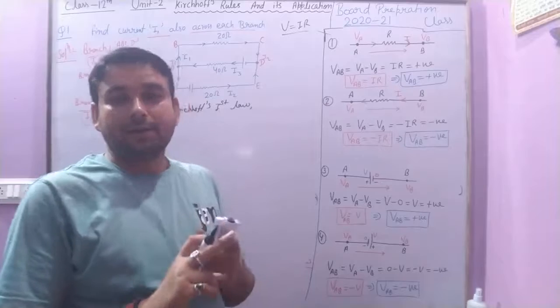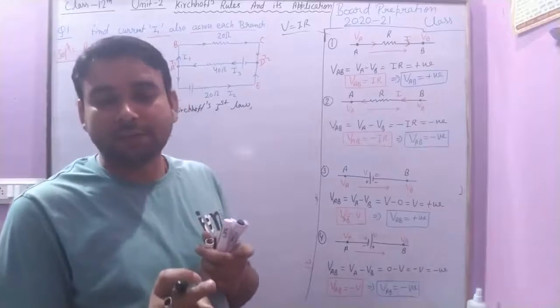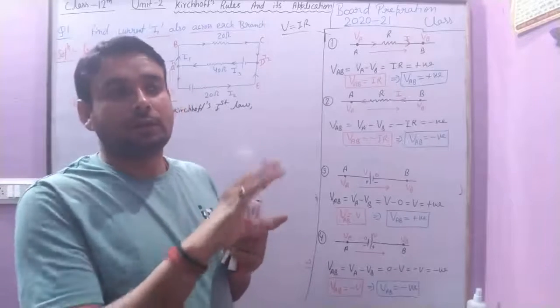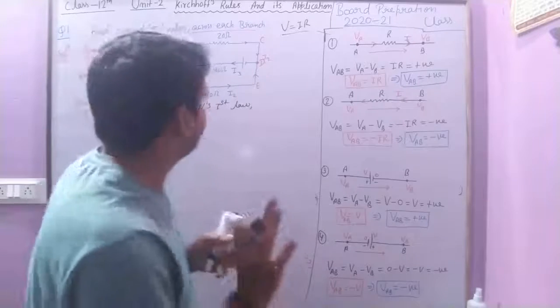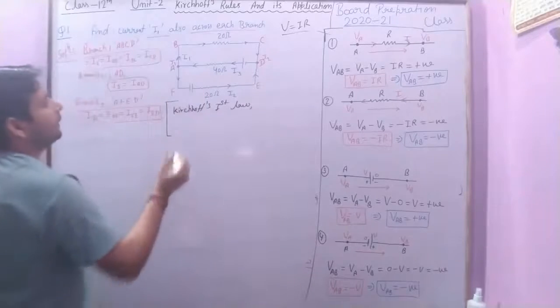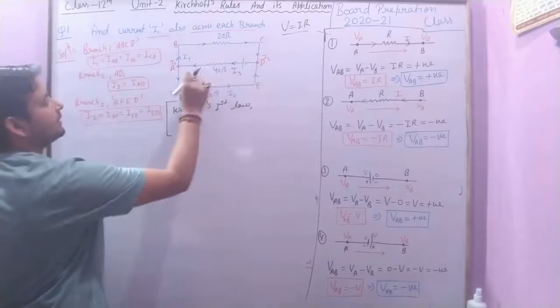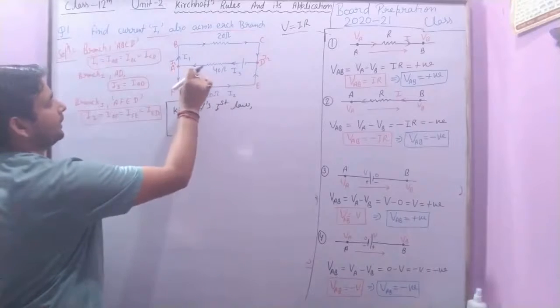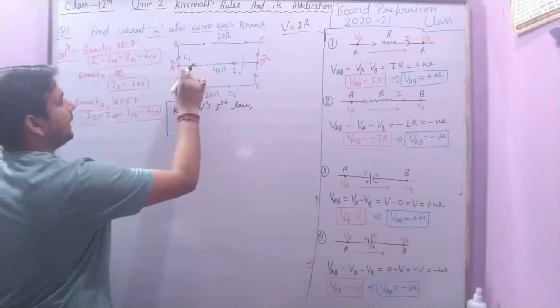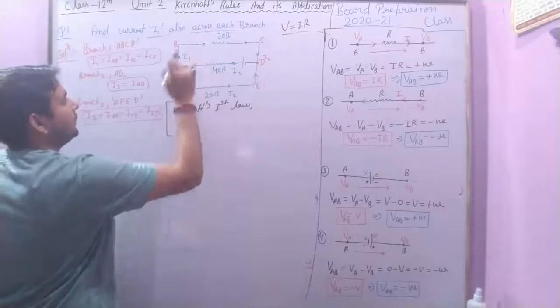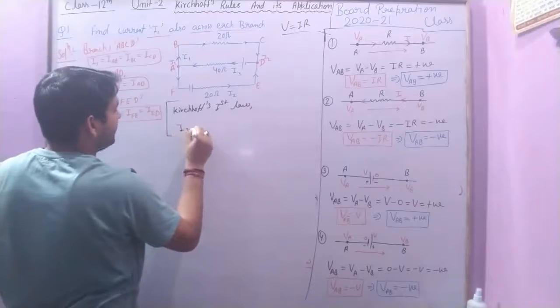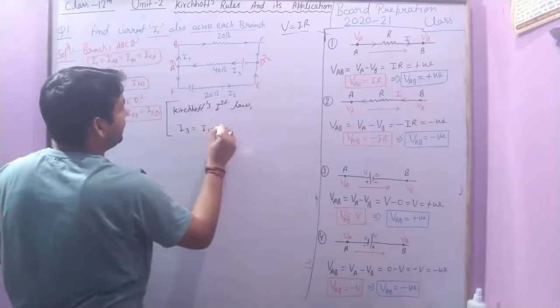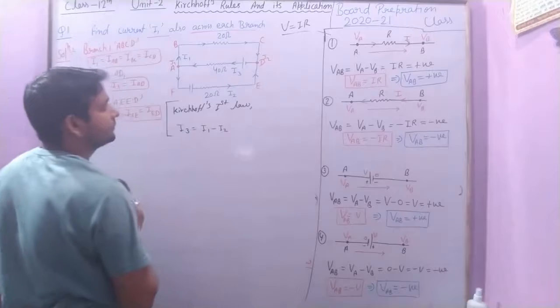The current across the junction, the sum is always 0. So the current I3 approaches here, and the two currents are leaving. So you can say that I3 is equal to I1 minus I2. Clear?